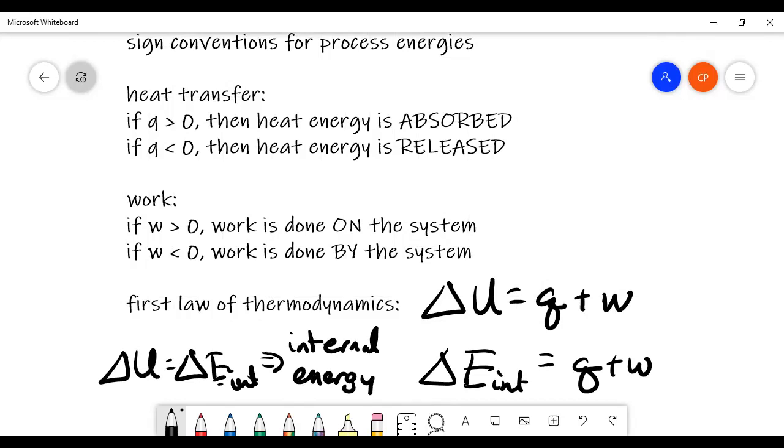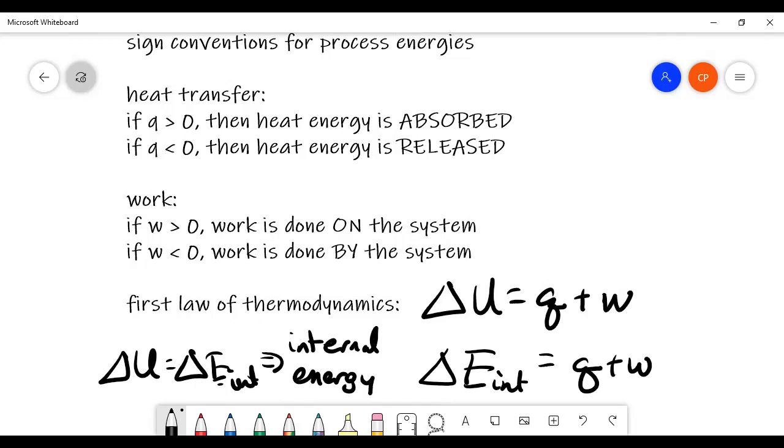The textbook prefers delta U for internal energy, although it does make comment that sometimes delta E is used for internal energy as well. We want to make sure that we use the most consistent symbol set possible. Either way, whichever way the mathematics is presented to you, the meaning is the same.